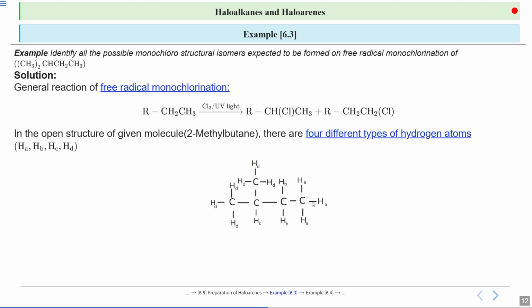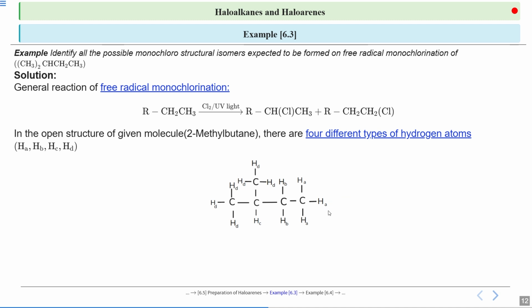At the second position we have a methyl group, and we have a 4-carbon parent chain, so we call it 2-methylbutane. The first one is HA, present on this carbon, then HB present on this carbon, then HC present on this carbon, and HD, which is present in this methyl group and also on the fourth carbon, or you can say first carbon. So there are these 4 different types of hydrogen atoms.